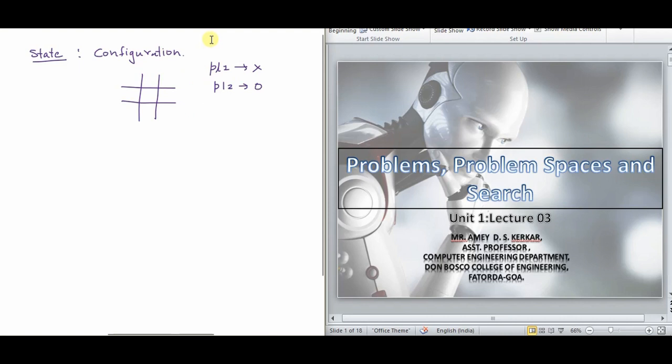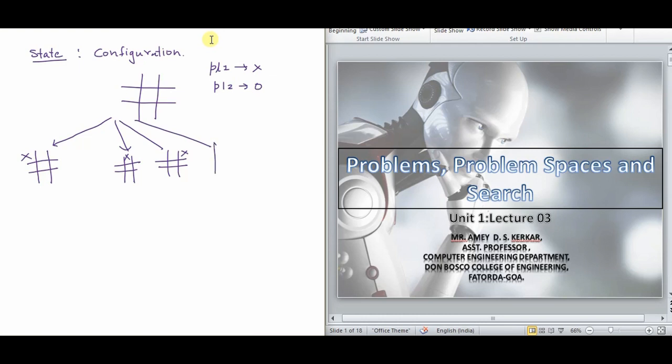Suppose it's the first player's turn. The first player can mark X here. Or second option, he can mark X here. Third option, the player can mark X here.